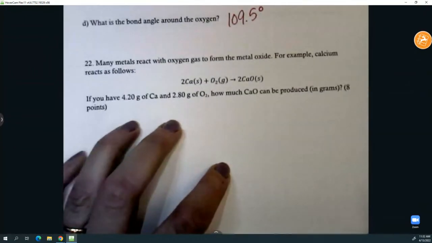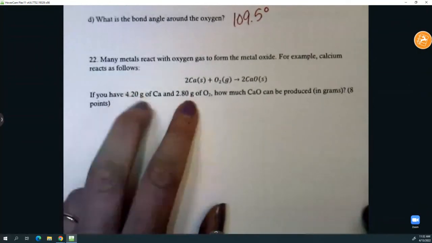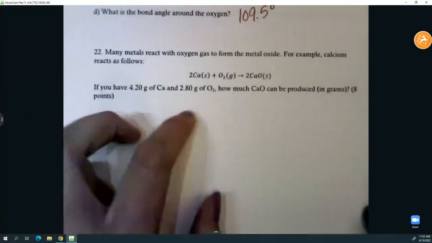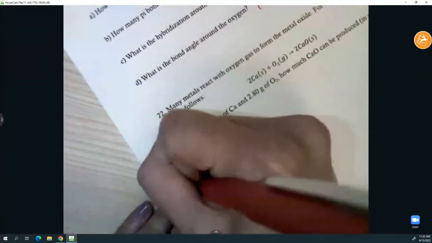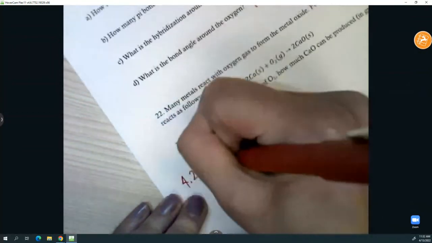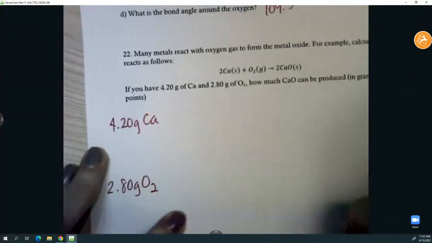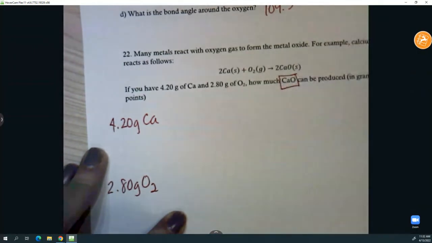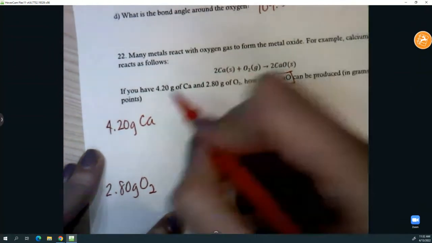All right, here's our limiting reagent problem. It doesn't say limiting reagent, but when they give you 2 different amounts of starting stuff and they ask you how much you can make, that's limiting reagent. So I'm going to do 2 problems where I start from each of the reactants, and I'm going to figure out how much in grams CaO I can make, and then whichever one's smaller is my answer.